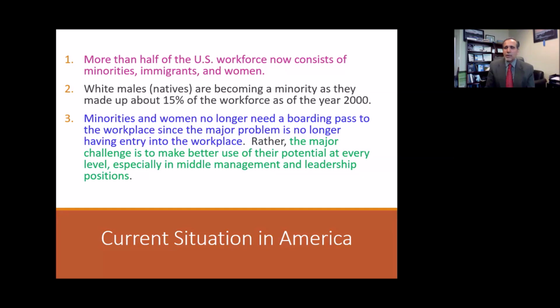Minorities and women no longer need a boarding pass to the workplace, since the major problem is no longer having entry into the workplace. Rather, the major challenge is to make better use of their potential at every level, especially in middle management and top leadership positions.